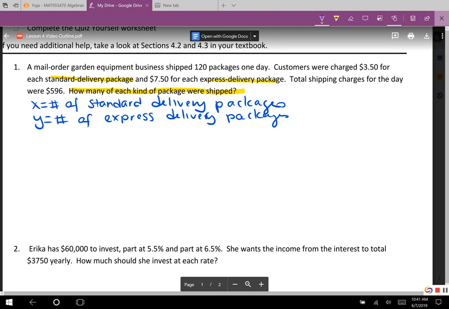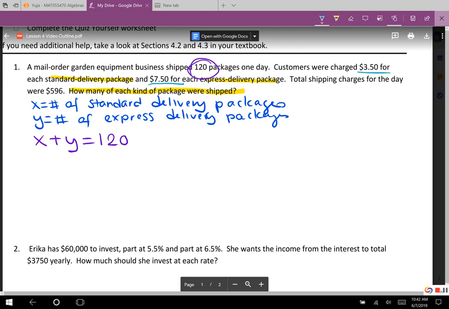And so now I'm going to read the problem a little bit more slowly and see if I can get those two equations. So let's see, mail order company shipped, here we go, 120 packages. That tells me if I add together both kinds of packages, it has to equal 120. Then I'm given how much the customers were charged for the standard and how much they were charged for the express delivery.